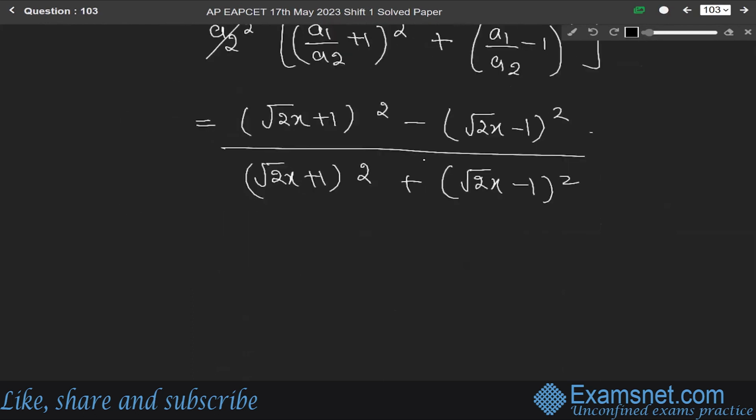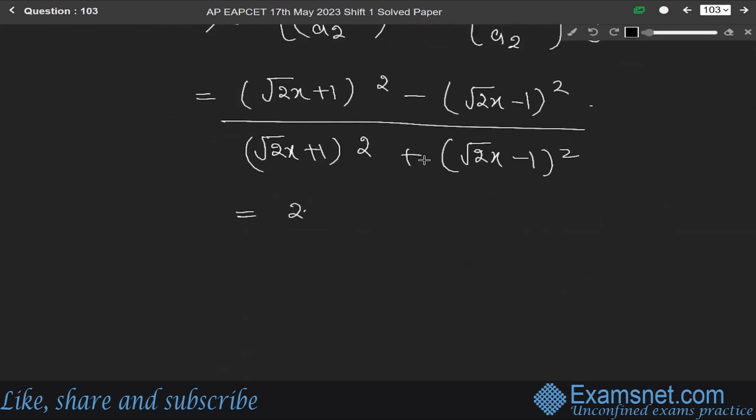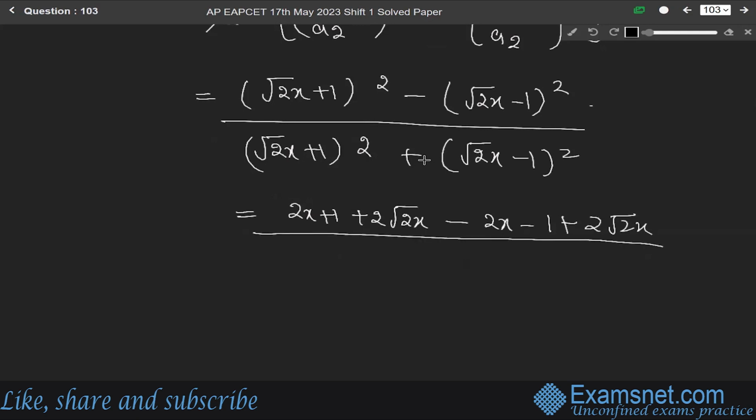Now opening the brackets and solving it, we get (2x plus 1 plus 2 root 2x minus 2x minus 1 plus 2 root 2x) over (2x plus 1 plus 2 root 2x plus 2x plus 1 minus 2 root 2x).